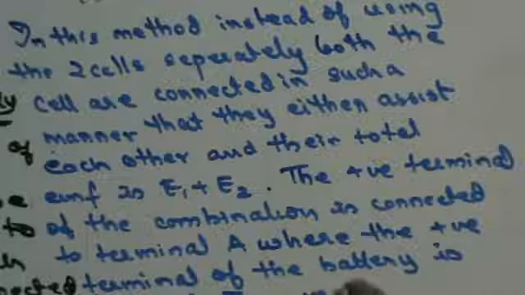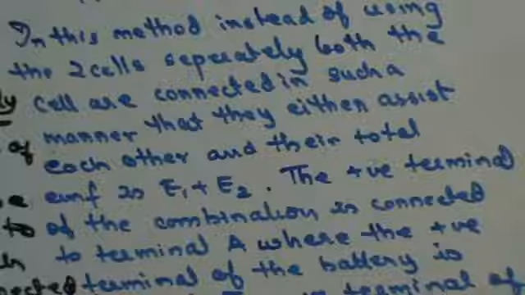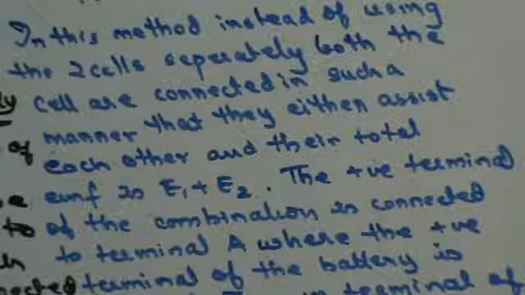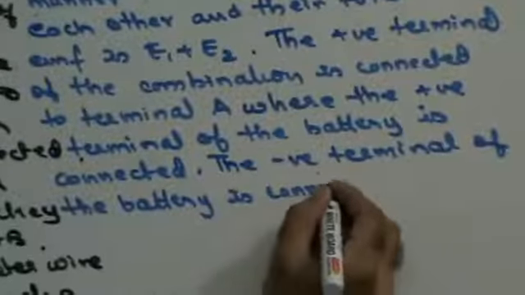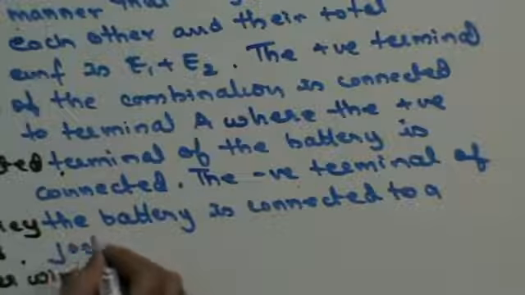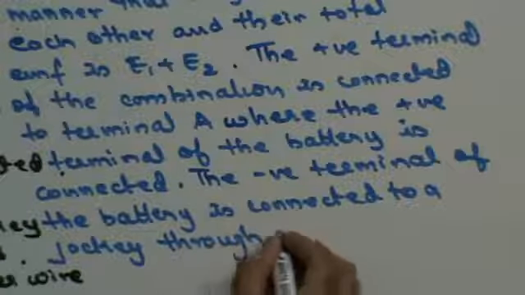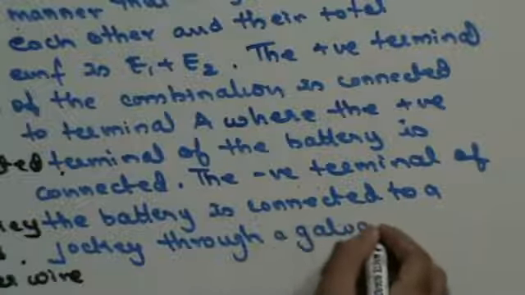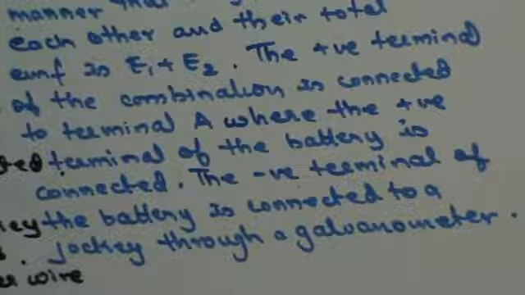The negative terminal of the battery is connected to a jockey through a galvanometer, right?